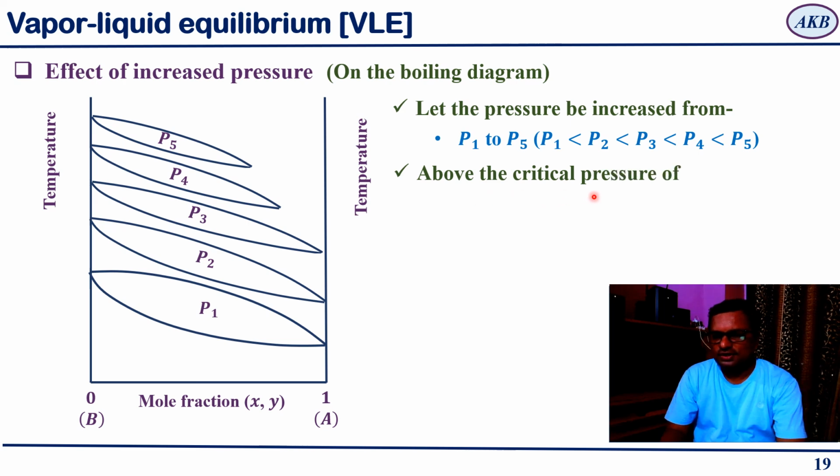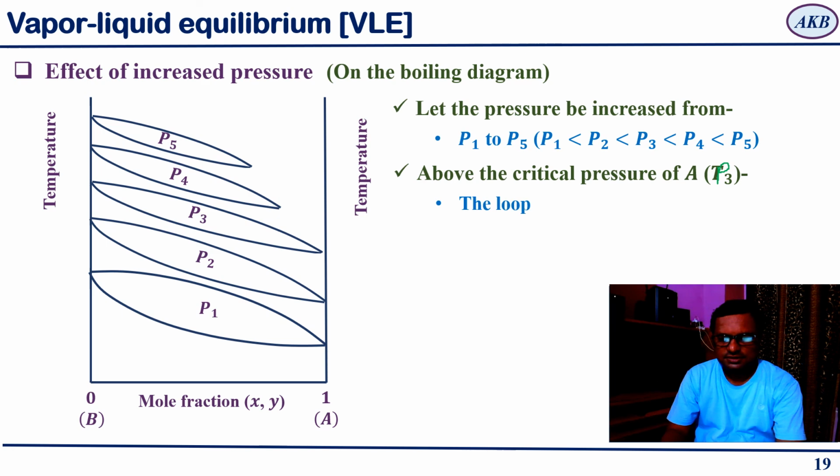Above the critical pressure of A, which is P3 over here, what happens?